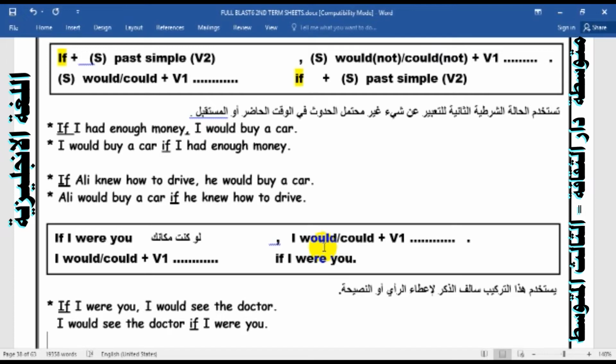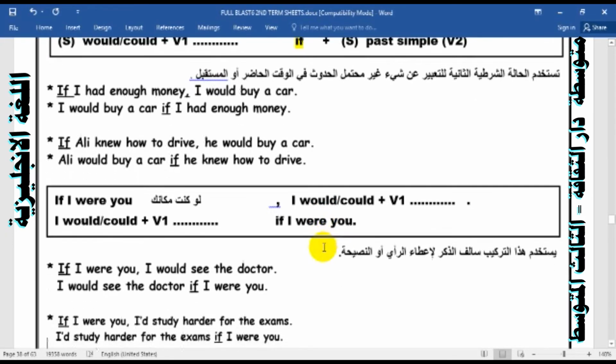We use were here instead of was in the if clause in all persons. يعني احنا الرجاله بنستخدم were هنا مكان was مع جميع الضمائر. I, he, she, it, were. For giving opinions or advice. Let's study the examples.